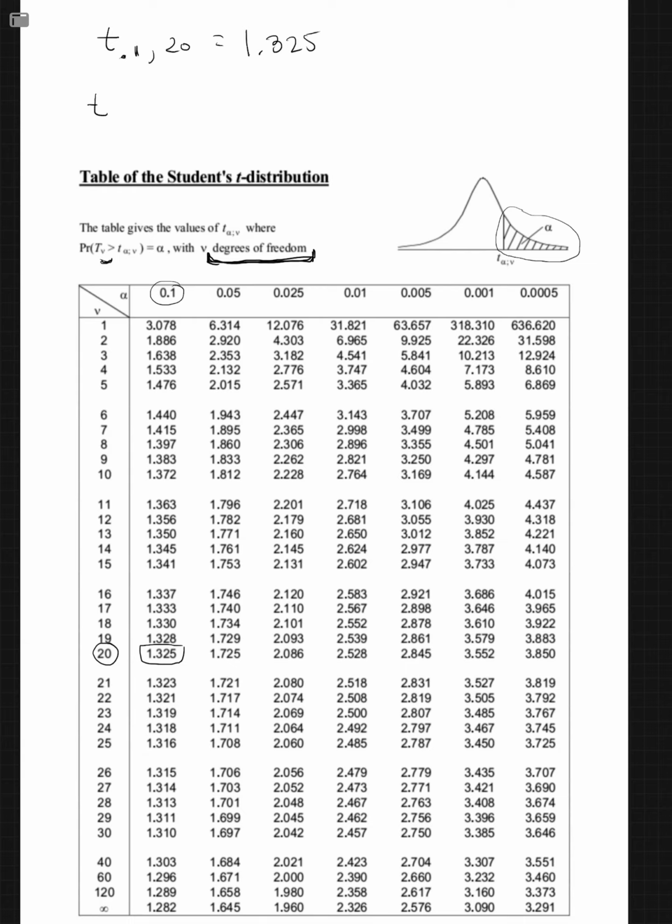Right, maybe we want T sub 0.005, comma, 7. Well, we're going to look for 0.005 in the alpha, and we're going to look for 7 in the degrees of freedom, and we're going to get to 3.499. Right, so most tables that you'll look at for the T distribution are going to give you things like this.